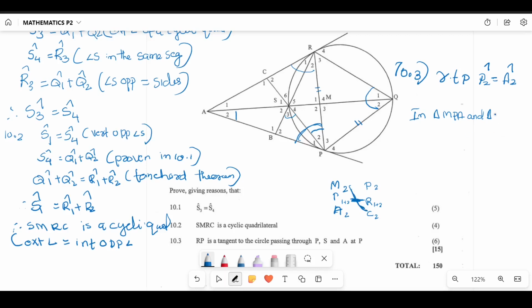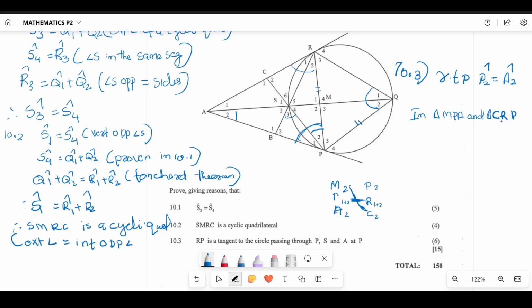When we write the name of the triangle, it must be in order. So it's triangle MPA. M corresponds to C, so I start with the C. When I name the second triangle, the angles must correspond, so it must be C, then P corresponds to R, then A corresponds to P. Automatically the P comes, so CRP.